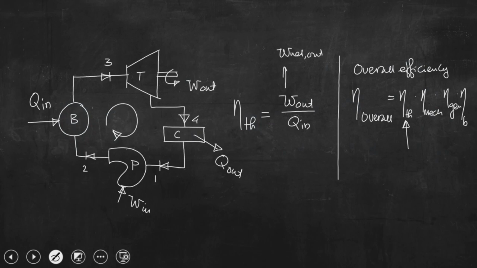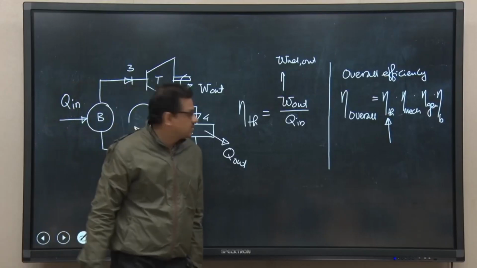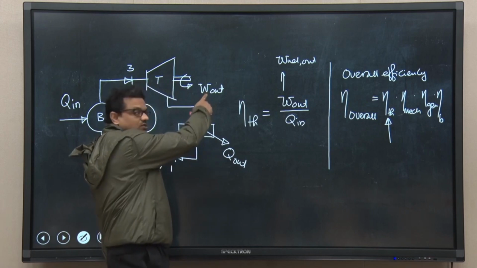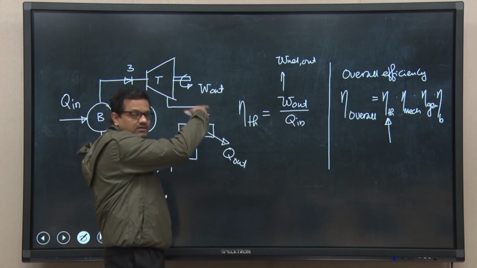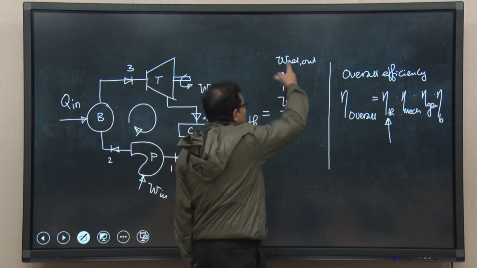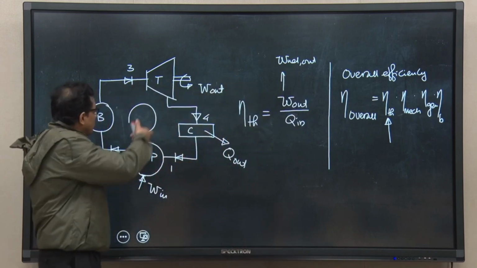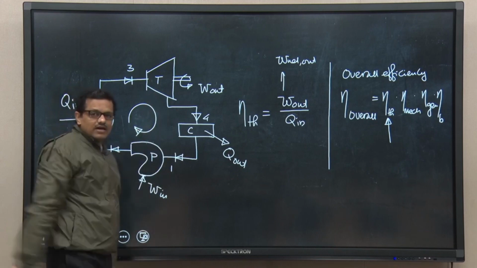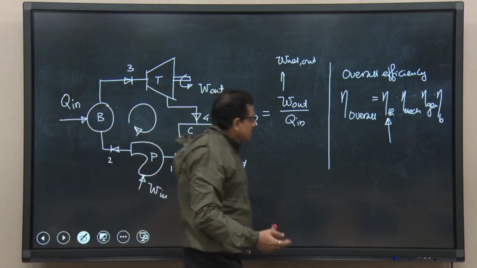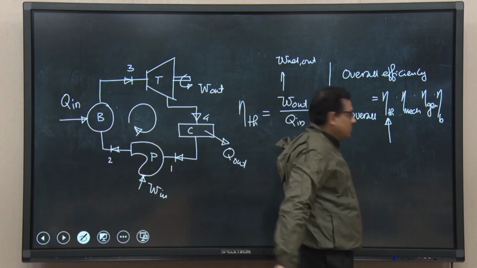That means, this device is also consuming some amount of work from this output work, and as a result this W net is coming into the picture. So, to take care of the efficiency of these 2 devices, this thermal efficiency is coming into the picture.